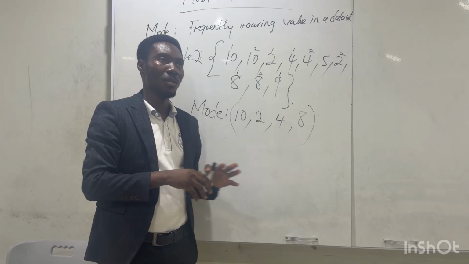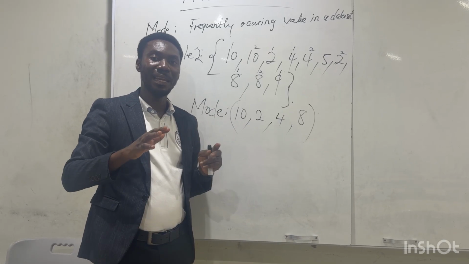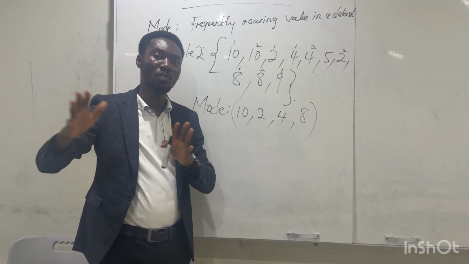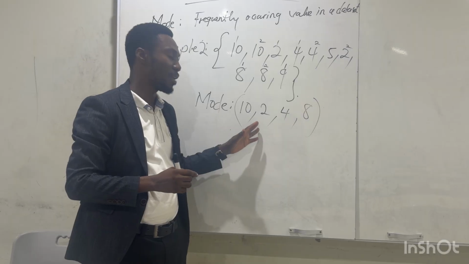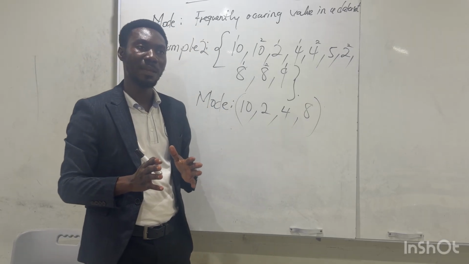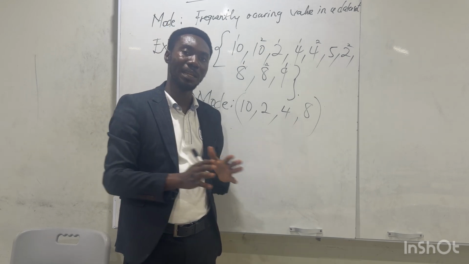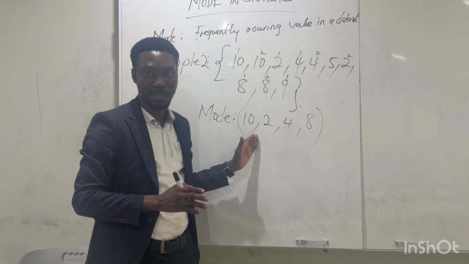There is not going to be one single mode all the time. You can have a data set with 2 modes, a data set with a single mode, and a data set with 3 or more modes. This is a typical example.